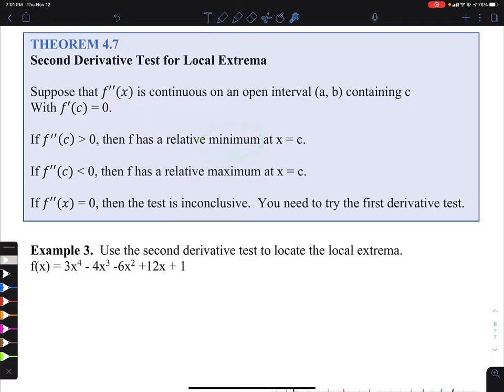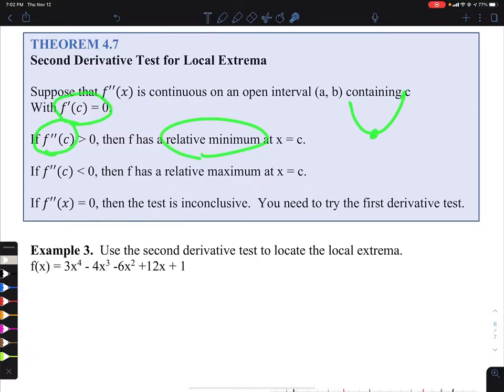I'll show you why. What does it mean for the second derivative to be positive? That means f is concave up. It must look like that, right? But where is the derivative 0? Right there at the bottom. What is that point? It's a relative minimum. So if you have a graph where the derivative is 0 and the shape is concave up, you're going to have a relative minimum.